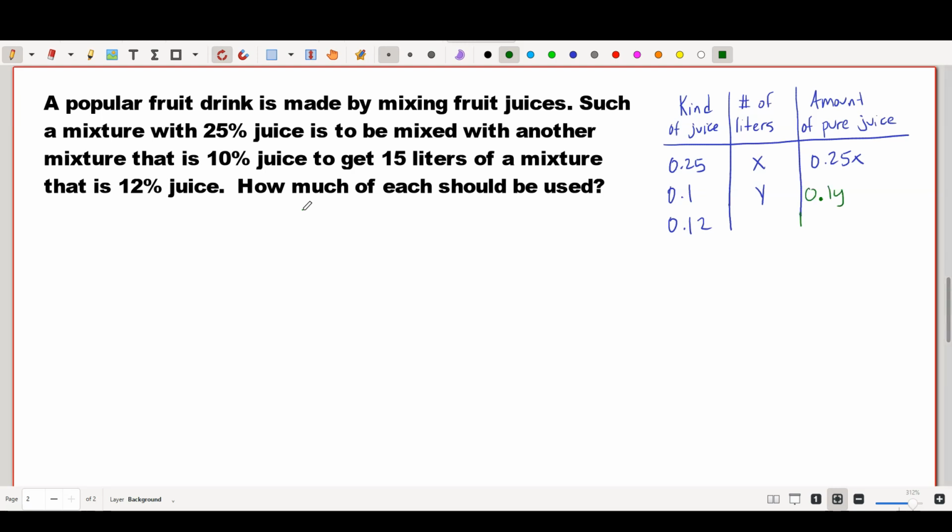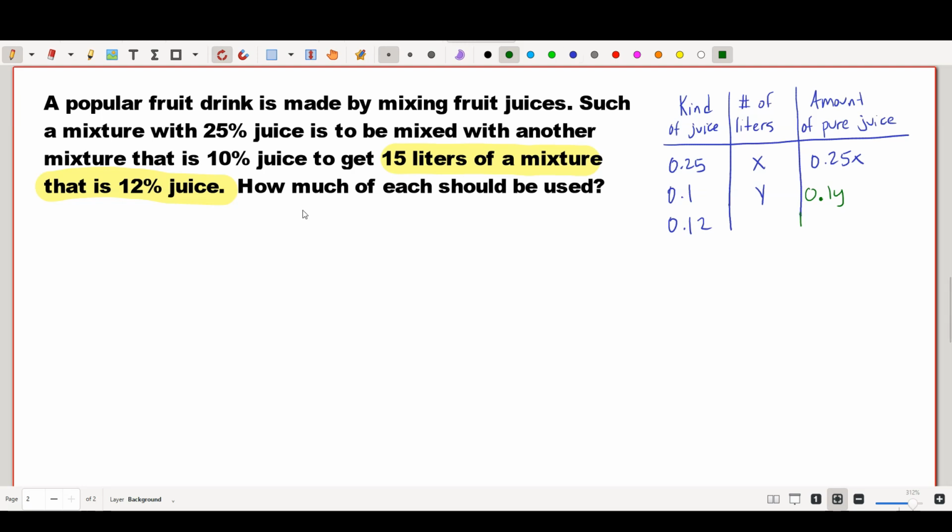And then we're combining these things to make another mixture that is 12% juice. If you look at this problem, we already know we want to have 15 liters of a mixture that is 12% juice. So we know how many liters we want of this 12% mixture.